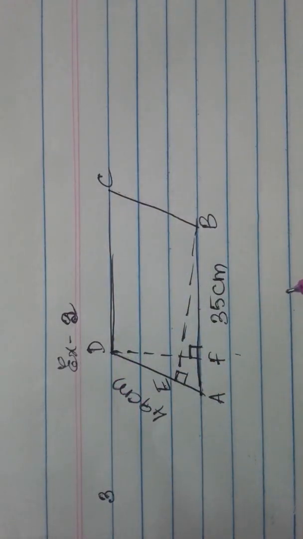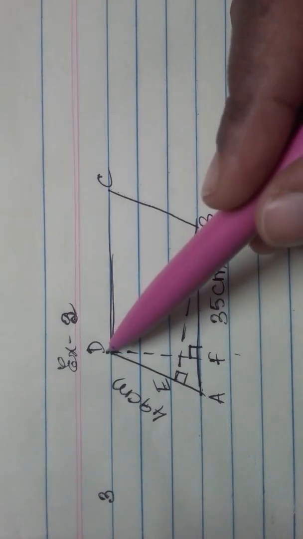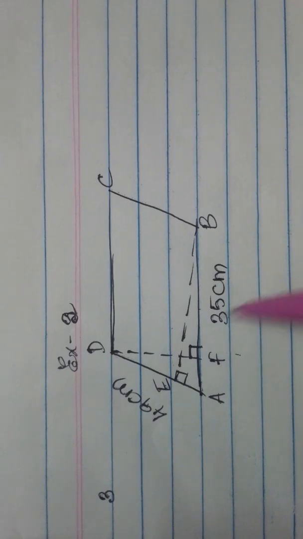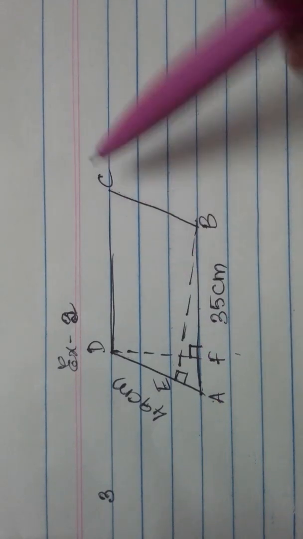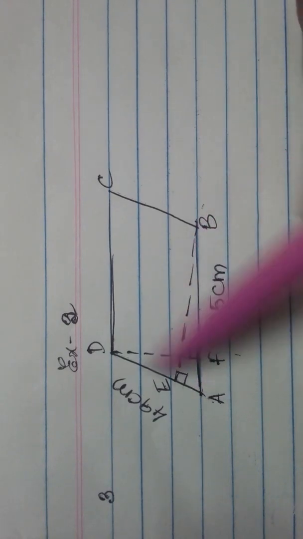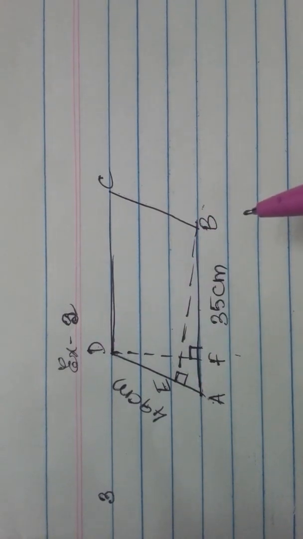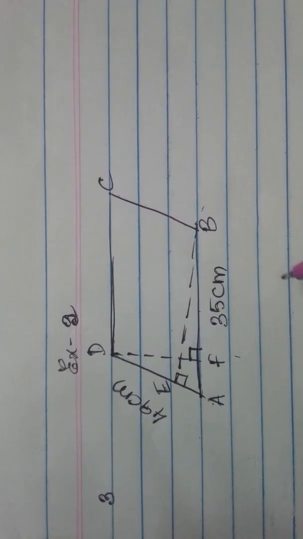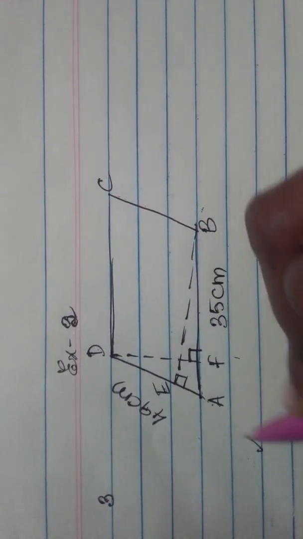So now let us read the question. DF and BE are the heights of sides AB and CD, AB and AD respectively in parallelogram ABCD. So let us write what is given.